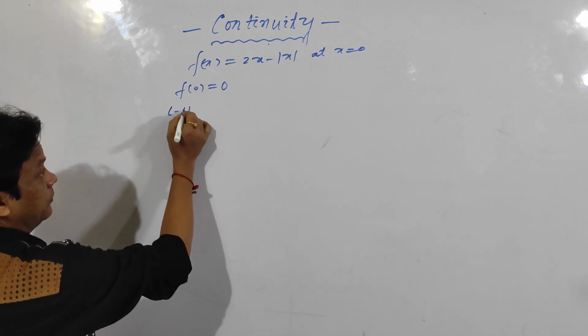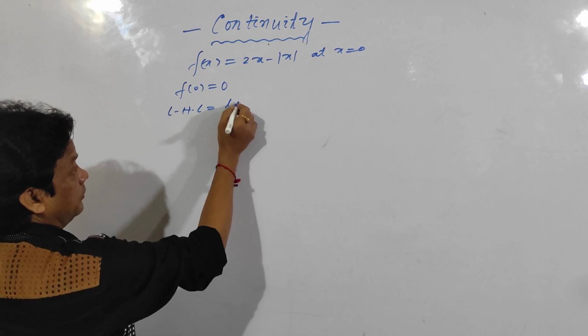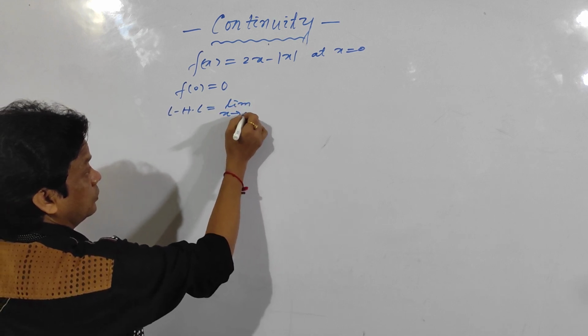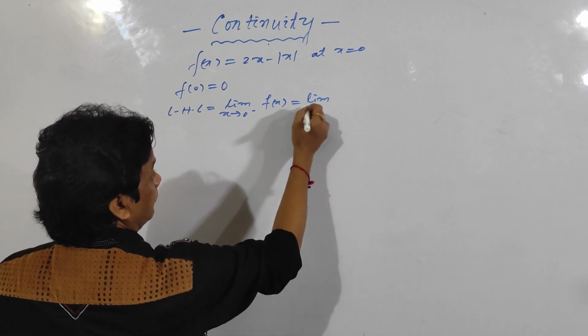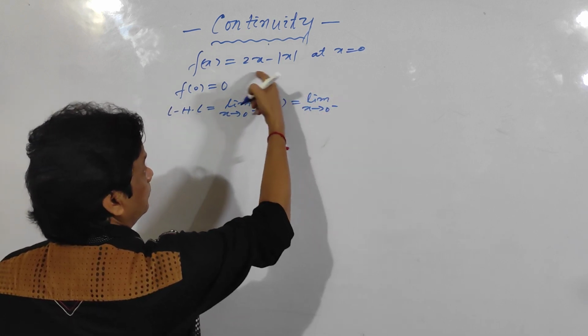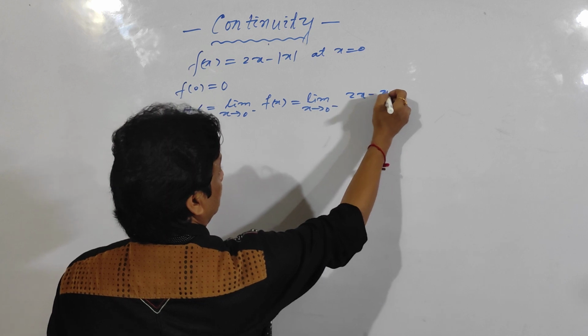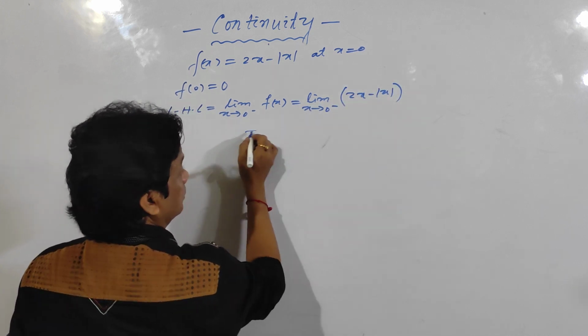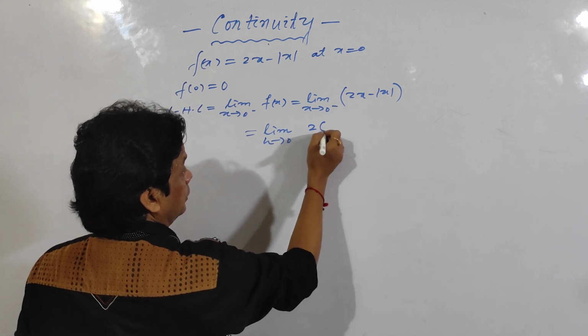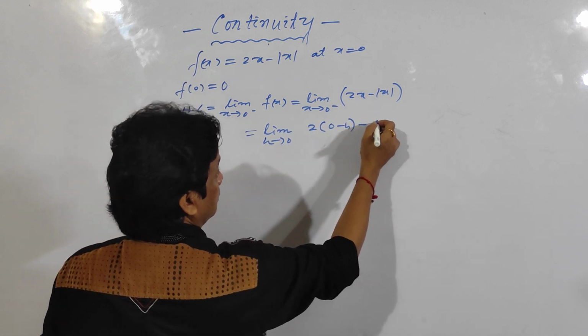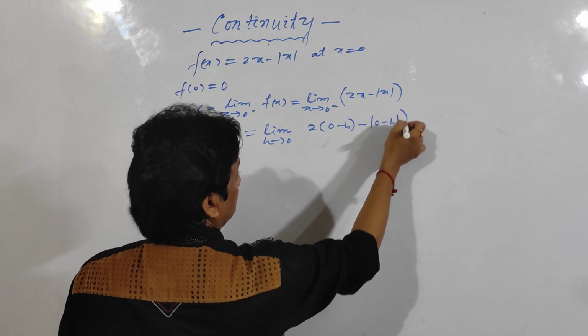Now take left hand limit. Limit x tends to 0 minus f of x is equal to limit x tends to 0 minus, your f of x is 2x minus mod x. So put a bracket here. So limit x tends to 0, 2 into 0 minus h minus 0 minus h modulus.